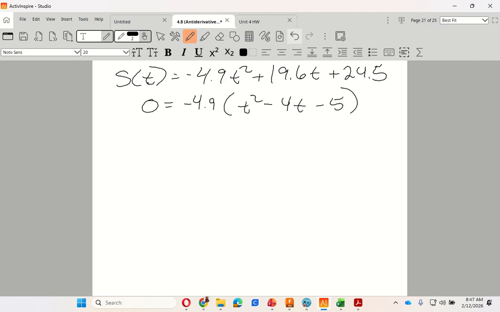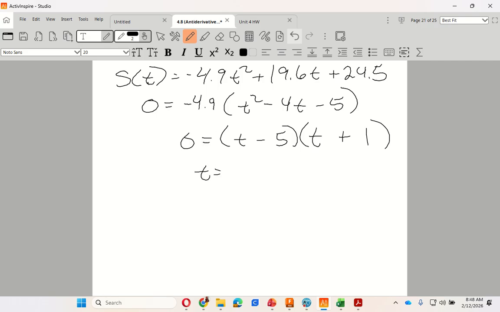And so I can end up factoring this. I get t... what's that going to be? What are the products? They multiply to be negative 5, but add together to be negative 4. Negative 5 and positive 1. So set that equal to 0.